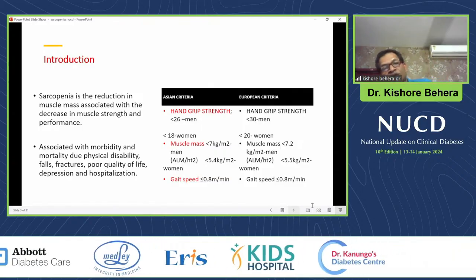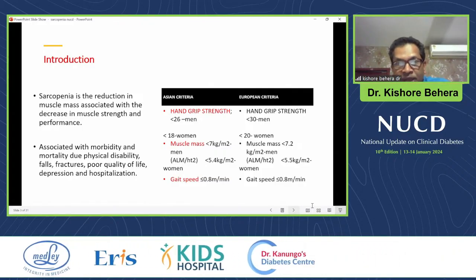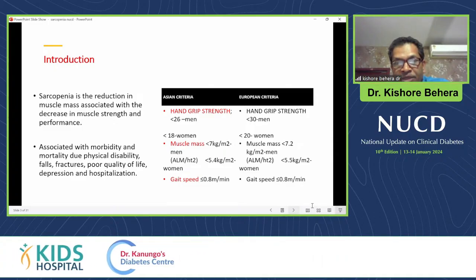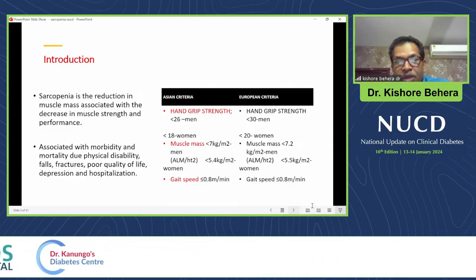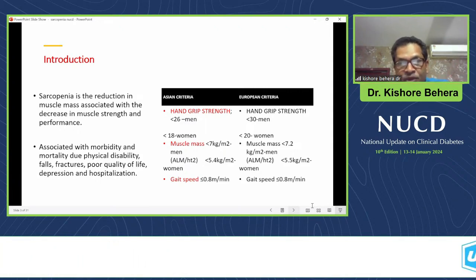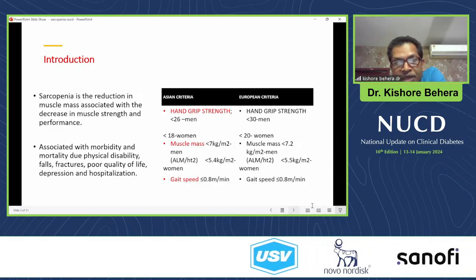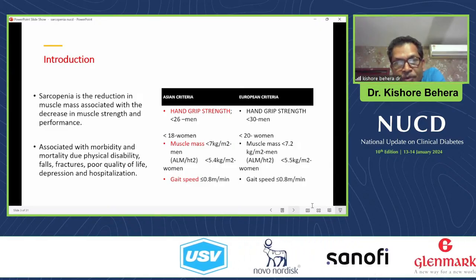For that we have to measure the power, so hand grip strength by the Jamar dynamometer, which defines sarcopenia if it is less than 26 kg in males and less than 18 kg in women.